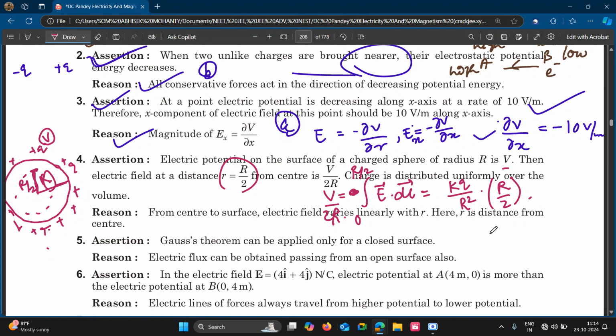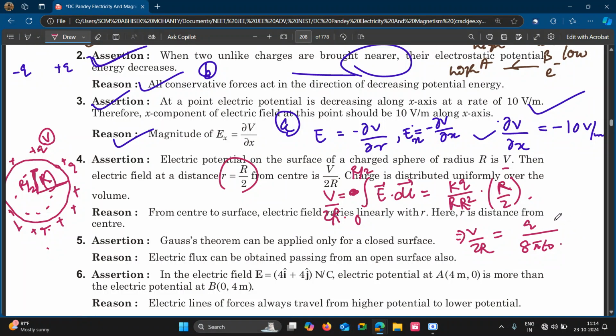Otherwise we can also take it as 0 to small r. That one also we can do. A small r is eventually r by 2, so we just put it. So V by 2r is equal to, this r is cancelled out, and this is kq by 2, so q by 8 pi epsilon naught.